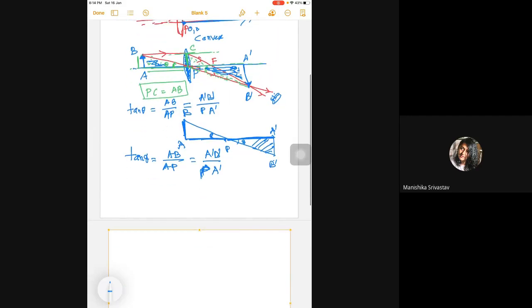See here what we are doing now, our dealing will be with this one. Let's say AB by AP equals A dash B dash by P A dash. Now using this, we got this particular relationship.